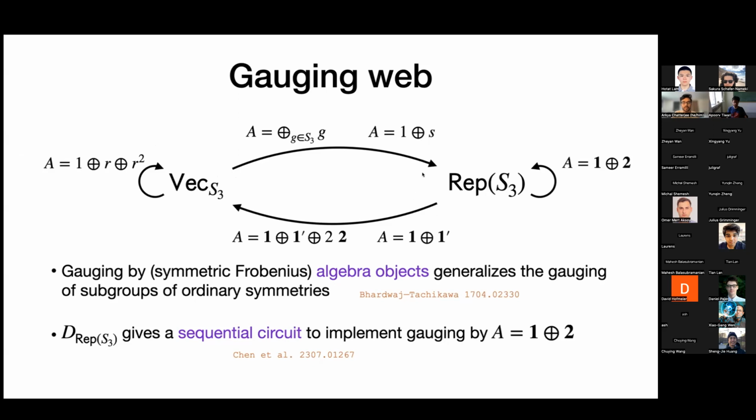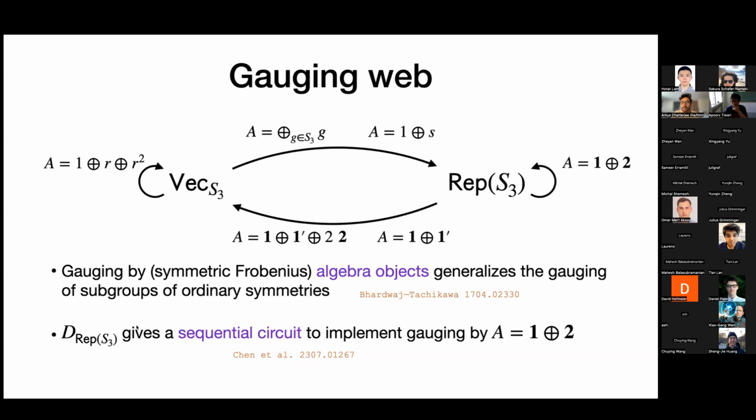But it turns out that if you gauge by just the Z2 part, as these authors showed, even that is enough, you get to Rep S3. So this is the one that we've been using, this transformation. On the Rep S3 side, there's some gauging that actually gives it back, which is gauging by this algebra object. An idea, again, introduced by these authors, at least to my knowledge.